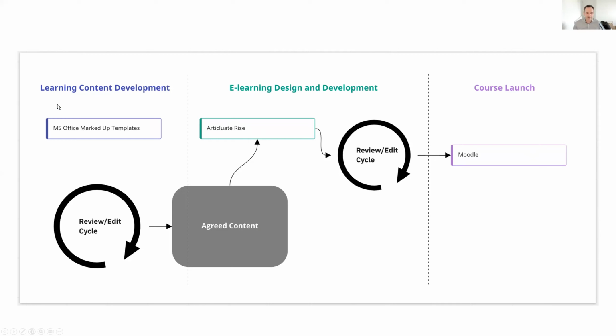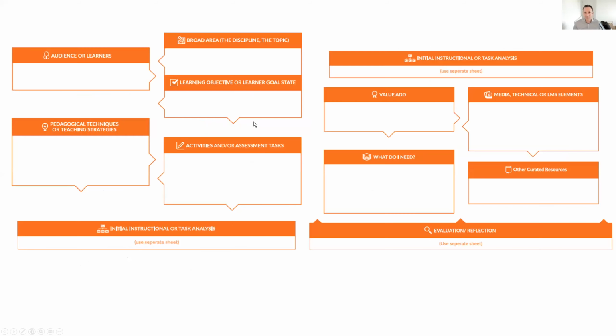Prior to the learning content piece, we often bring clients, in this case partners of the Digital Treasures project, through a process like this. This is a template we've come up with to get people to think about all of the different interrelated things you need to think about when you're developing e-learning, or indeed any kind of course.